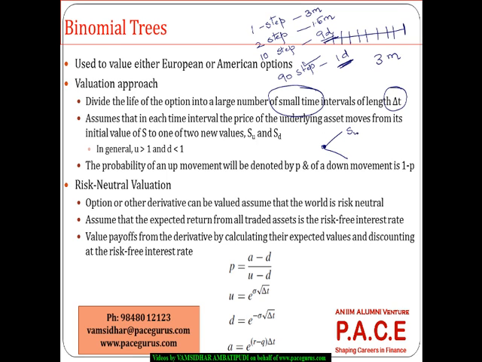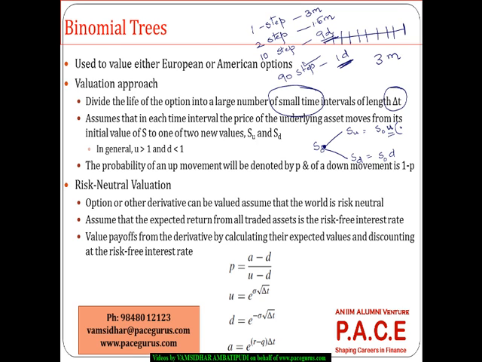Either it can go up to SU or it can go down to SD from the current price of S. If S naught is the current price, we define SU as S naught multiplied by U, which is an up factor, and SD as S naught multiplied by D, which is a down factor.